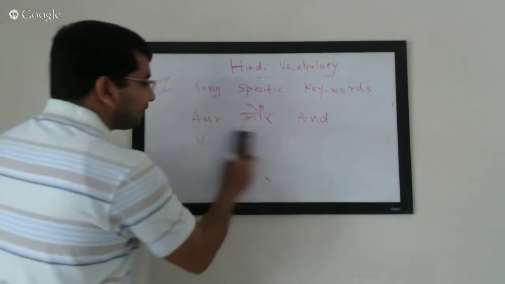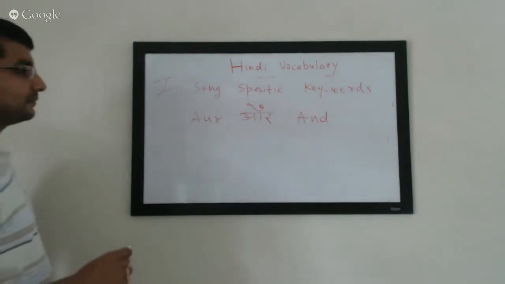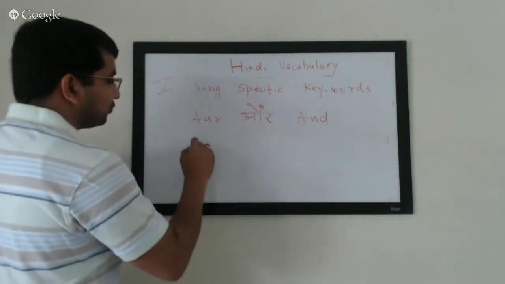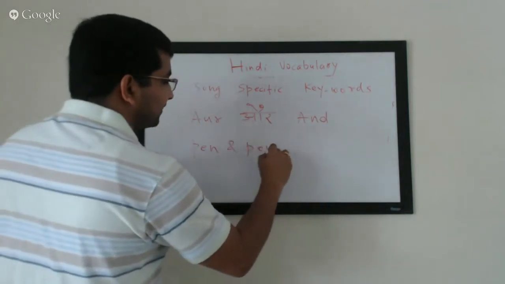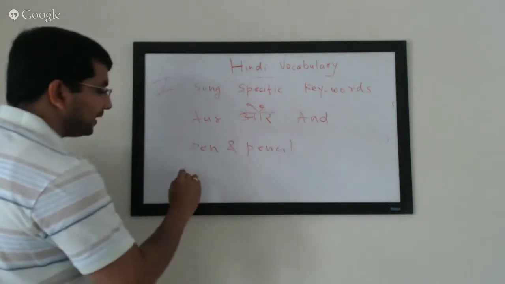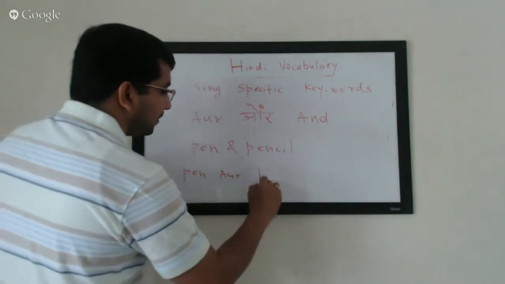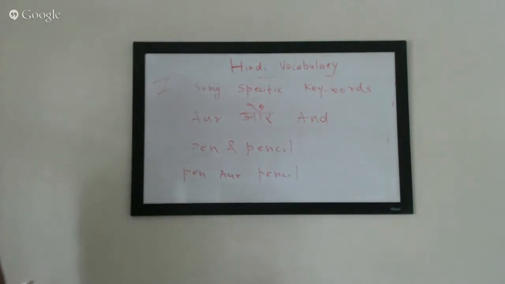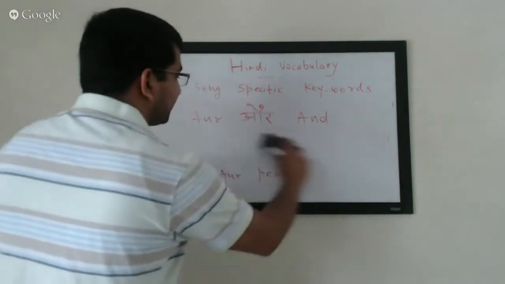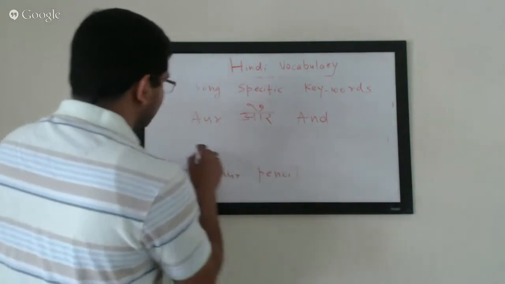and I will take it a little further so that I can give you more examples, right? So basically, pen and pencil, right? If you want to say that in Hindi, it would be pen or pencil, right? Pen or pencil. Or if I want to say fruits and vegetables, right?